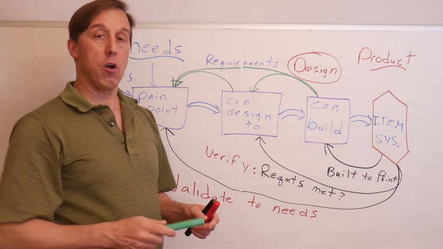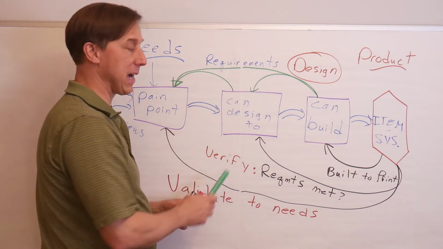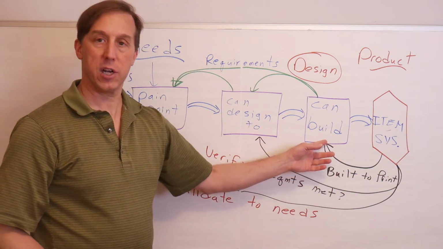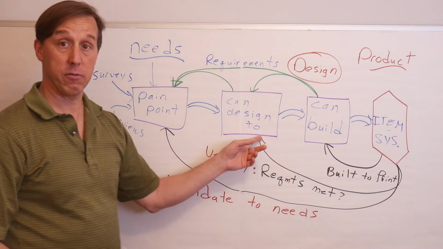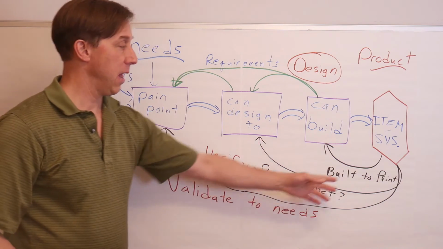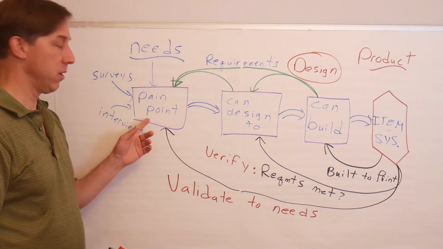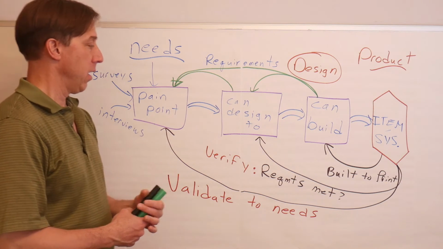Along the way, we'll do these checks to make sure we're on track, and then at the end we do verification: product verification up front, then requirement verification. Do we get the requirements satisfied? And then ultimately, for a validation step or product acceptance, we're going to make sure our pain point was satisfied.